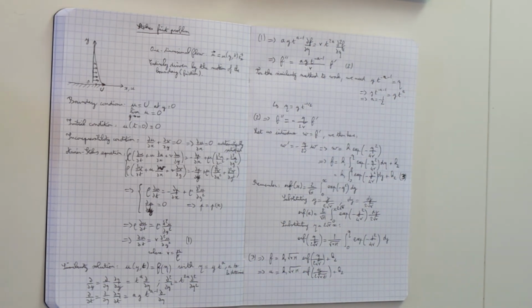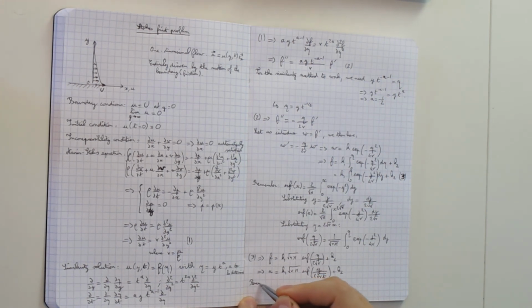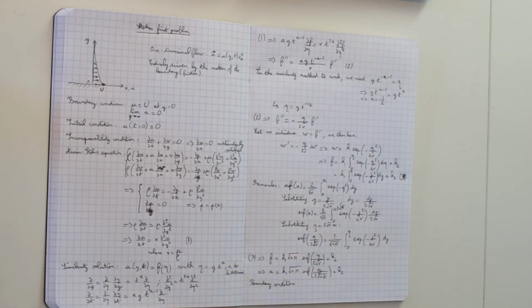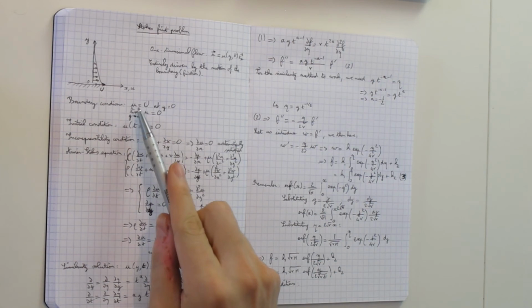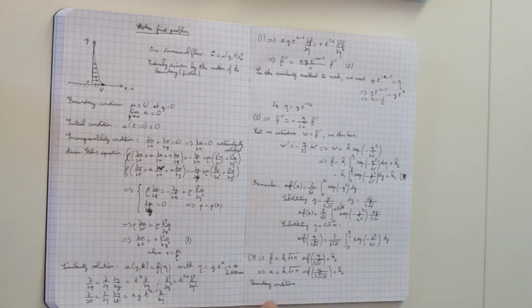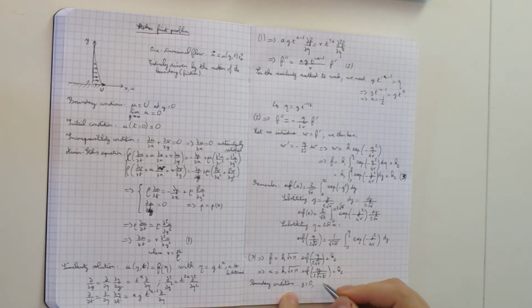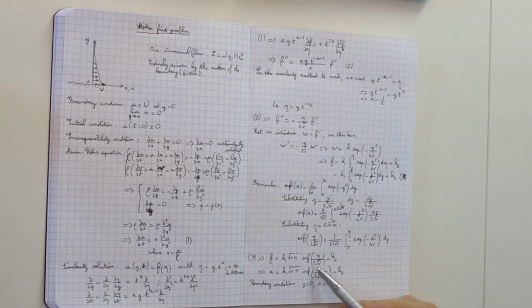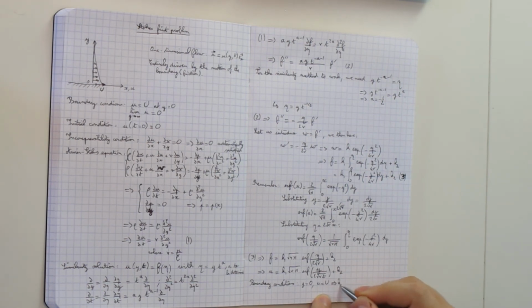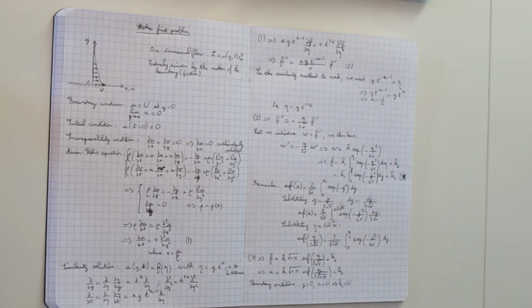And from this point, we can apply the boundary conditions. The boundary conditions give us that u equals capital U at y equals 0. So at y equals 0, u equals capital U, which means that the error function at 0 is 0, so k2 equals capital U. That is the first constant of integration that is set.